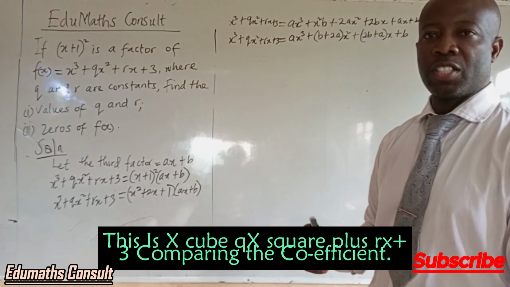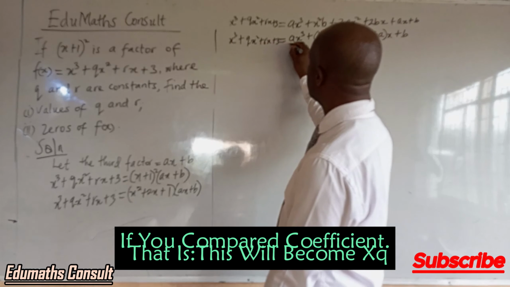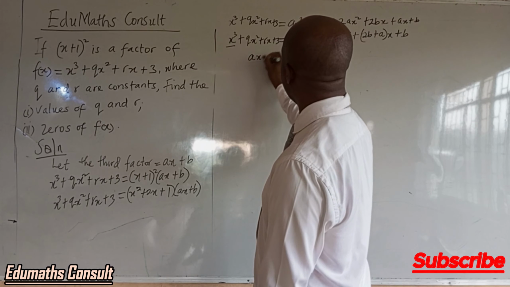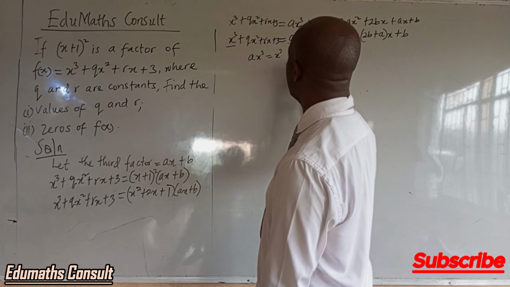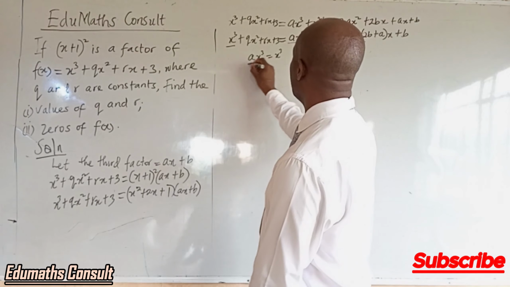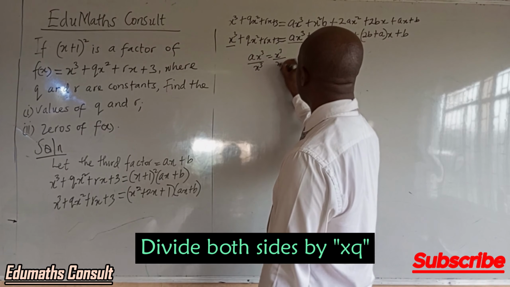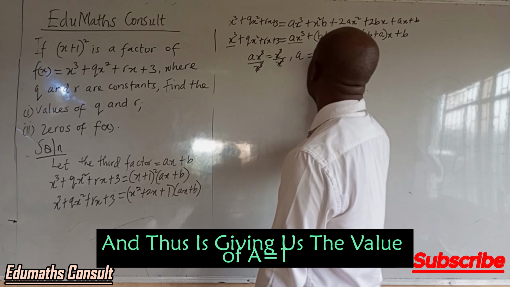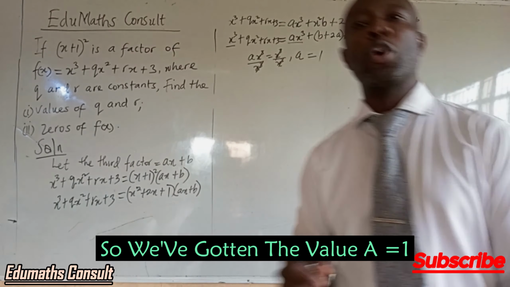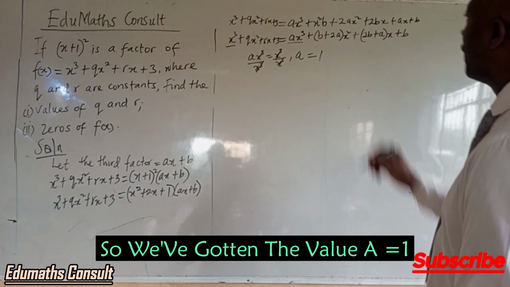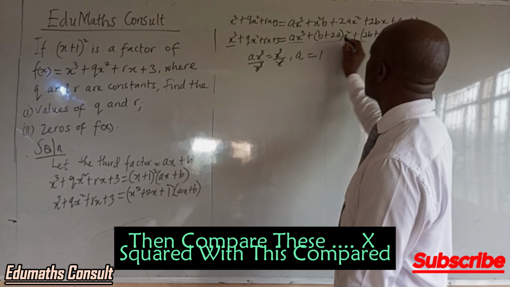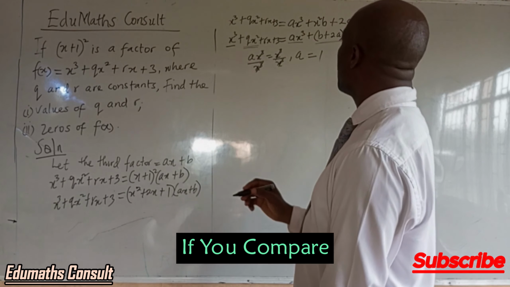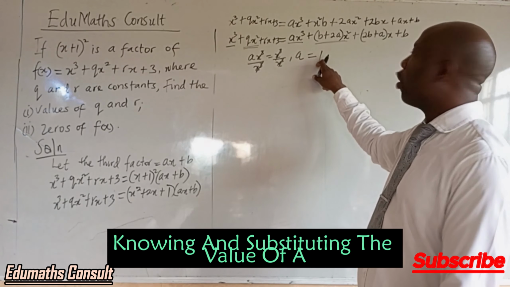Comparing coefficients, this will be compared with this. You discover ax³ is equal to x³. Divide both sides by x³, and that gives us the value of a to be equal to 1. Then compare this x² with this, substituting the value of a.